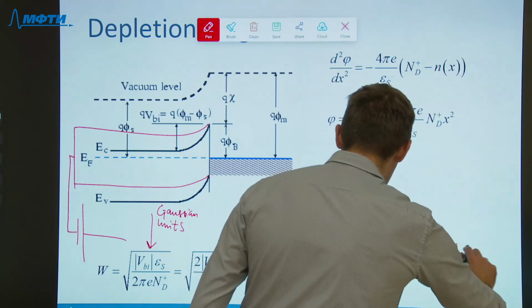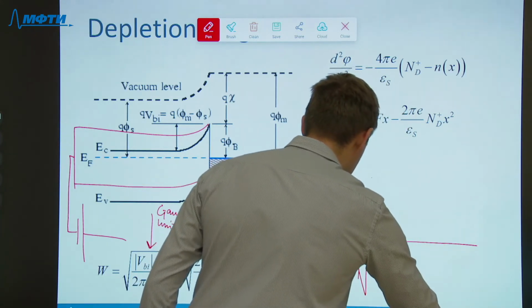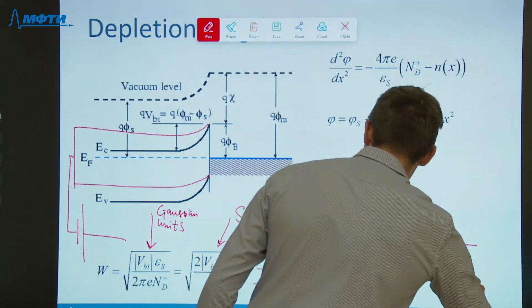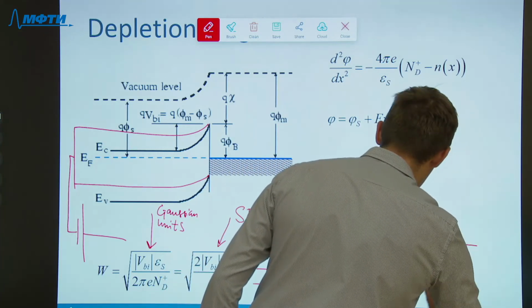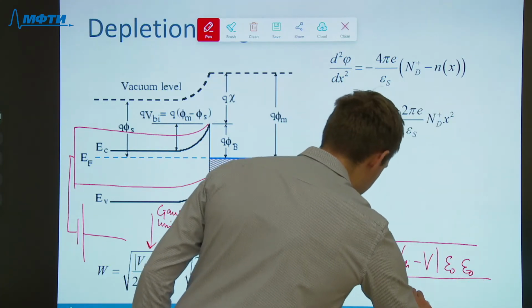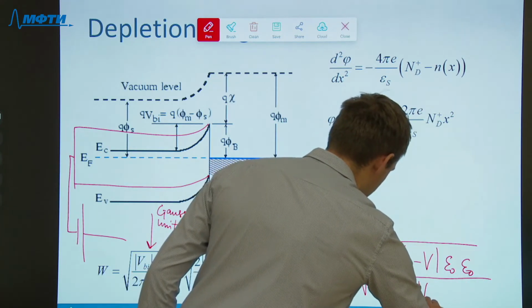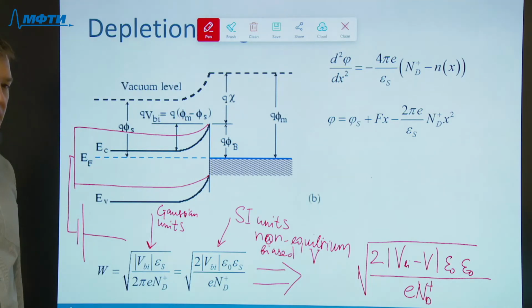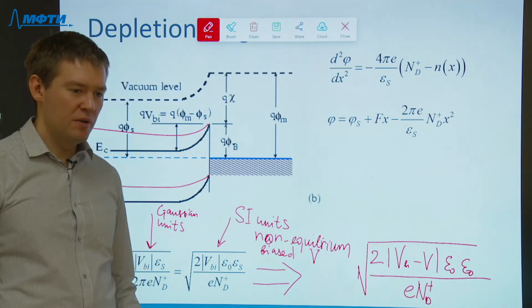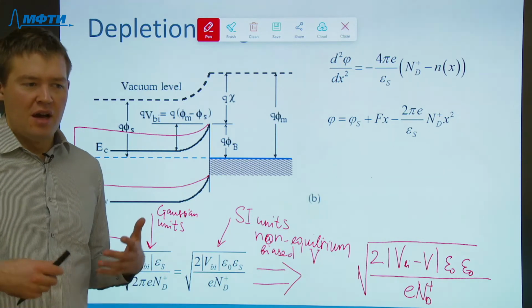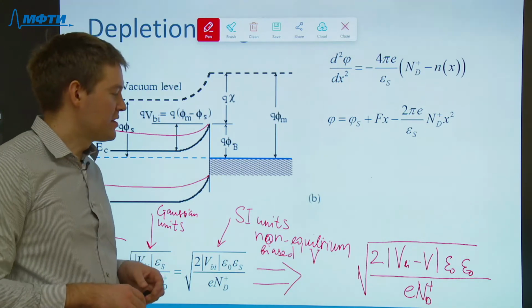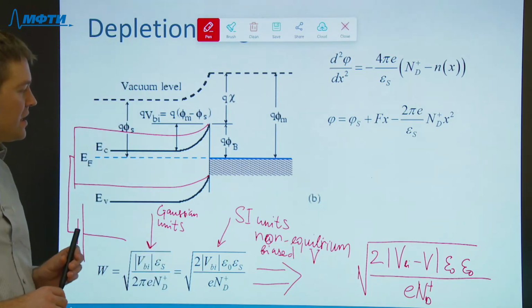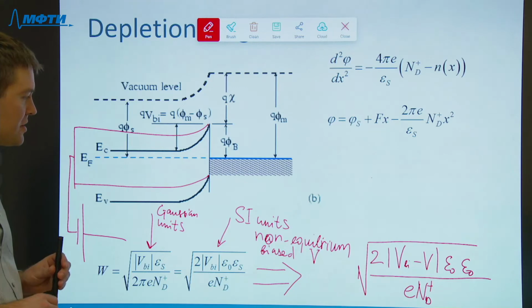And instead of it, we have the expression: the modulus of built-in voltage minus applied voltage, multiplied by the product of dielectric permittivities and divided by the density of dopants. It is not provable exactly, but it is a good approximation, and the full solutions show that it works fine, and we will use it in several situations.